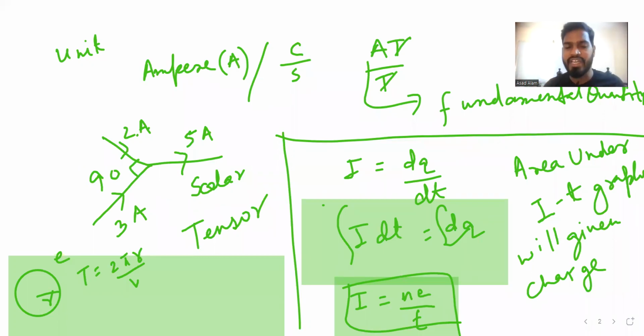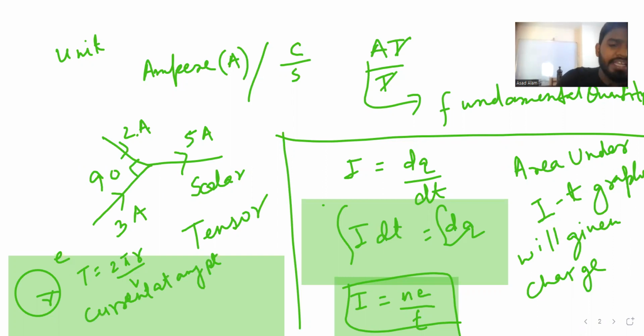You are supposed to find the current at any point of the orbit.